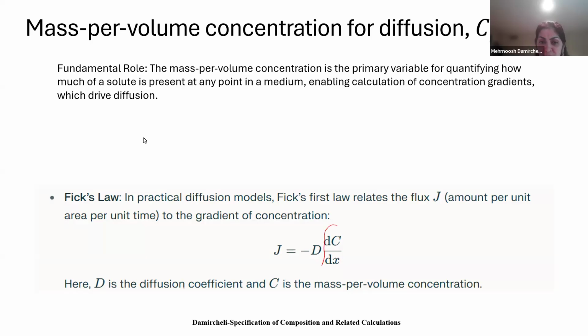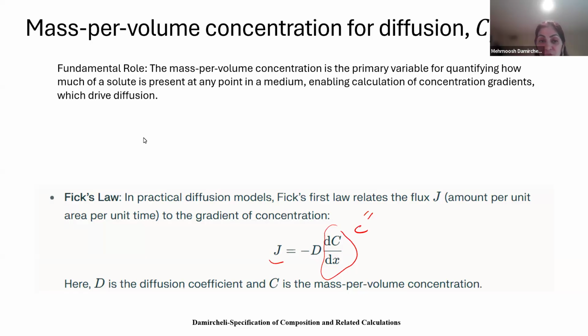What is this dC per dx? It is the gradient. This C prime means the concentration that we are using, or mass per volume concentration, and D is the diffusion coefficient, and J is the amount per unit area per unit time, meaning how much of the material diffuses or is transported per unit cross-section area.